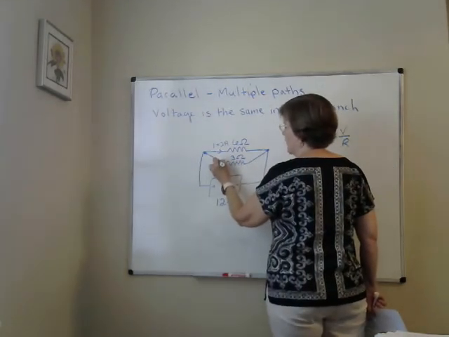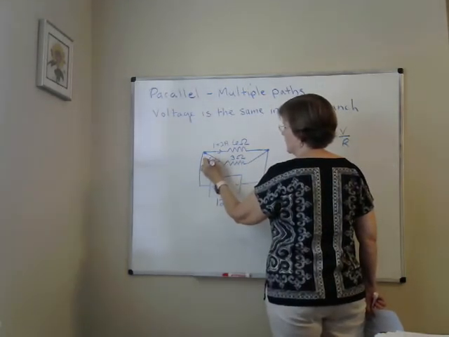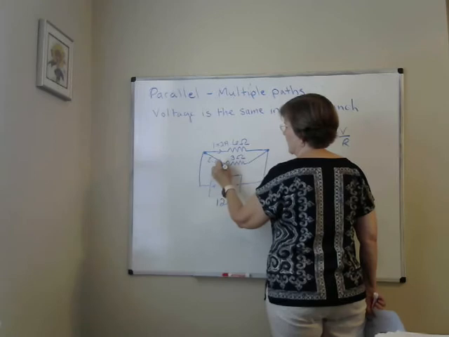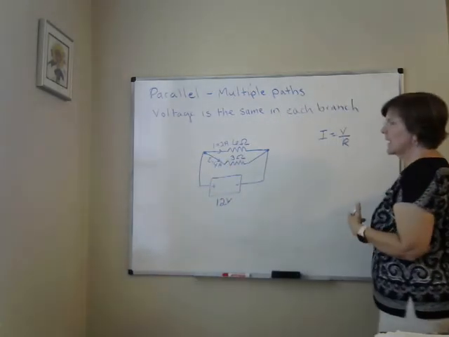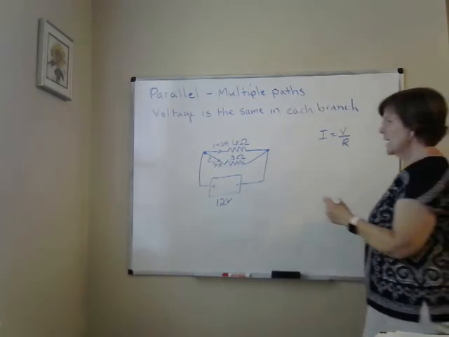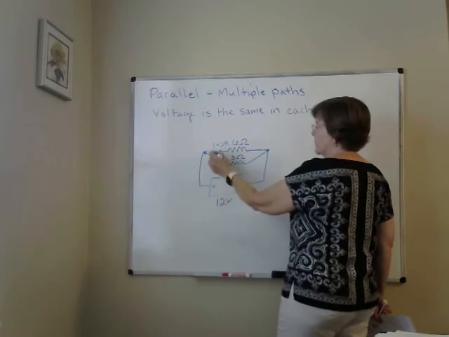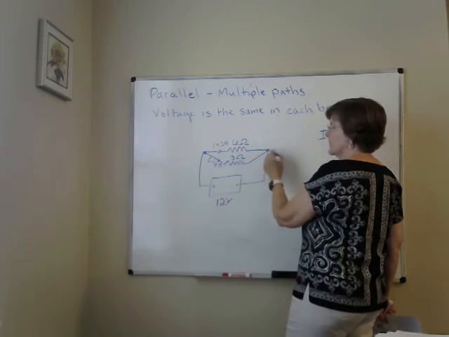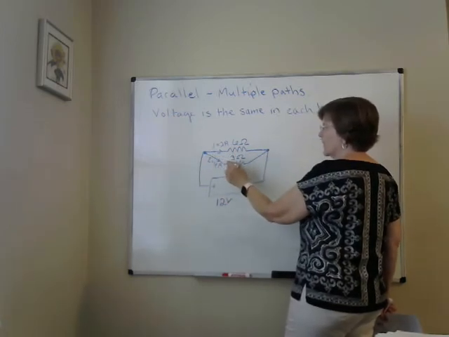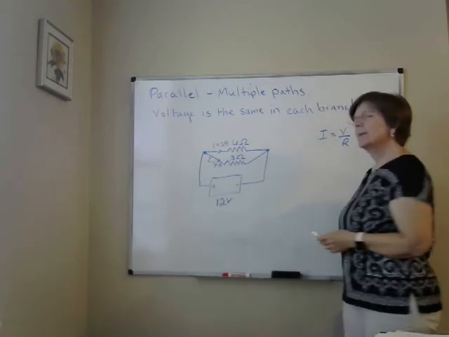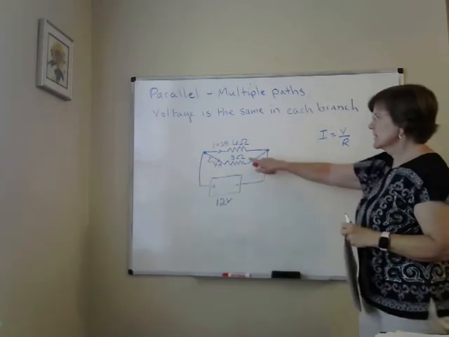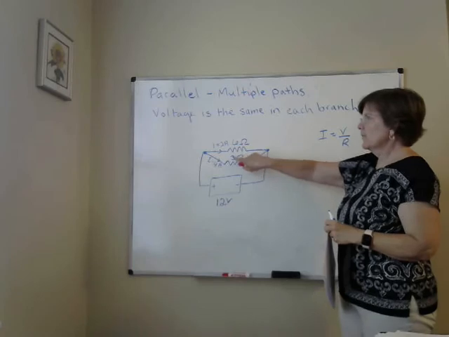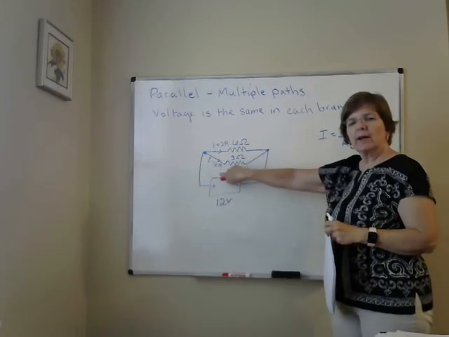It's going to have 4 amps right here. So notice this time we can have different currents. I've got 2 amps flowing through the 6 ohm resistor, but 4 amps flowing through the 3 ohm resistor. That makes sense. This has less resistance, therefore more current will naturally flow.